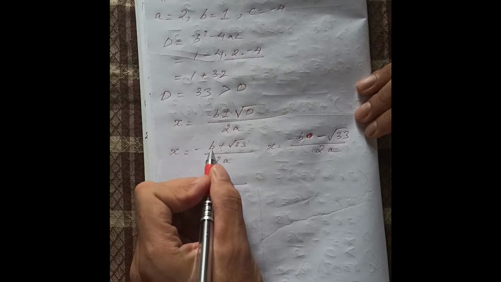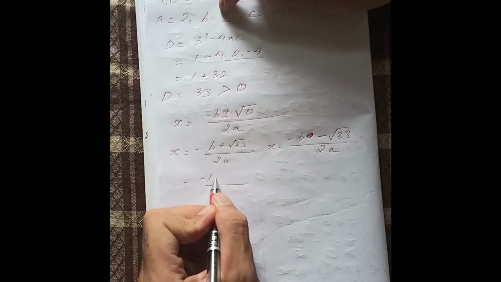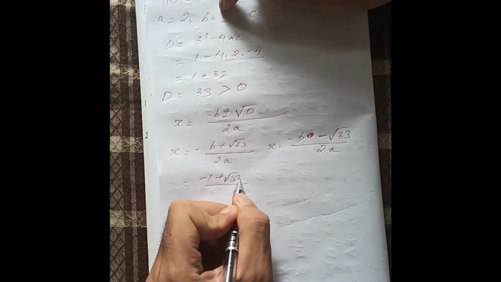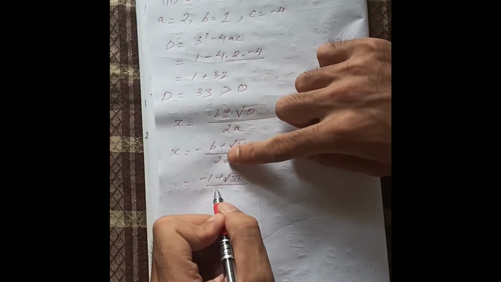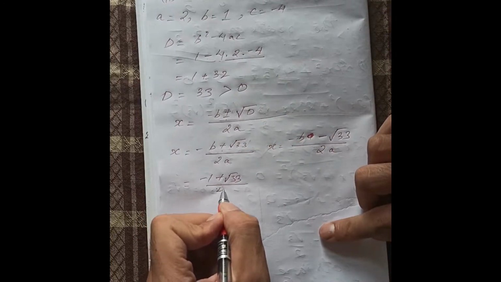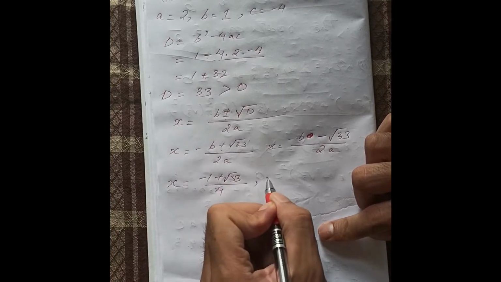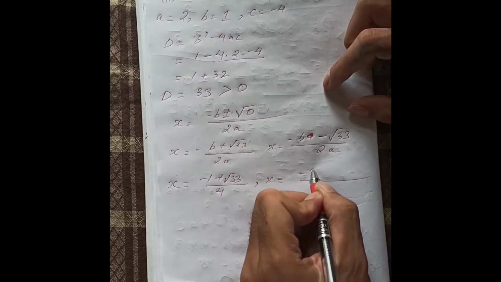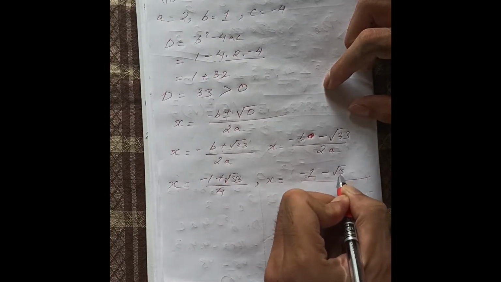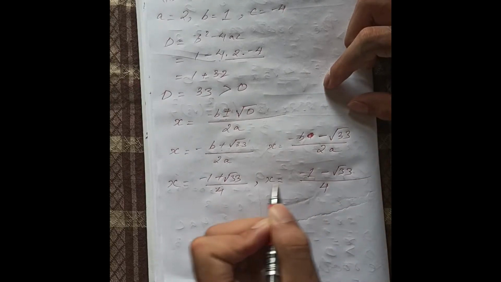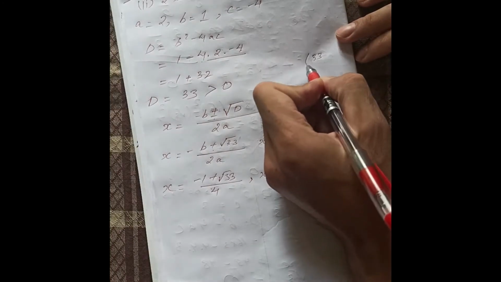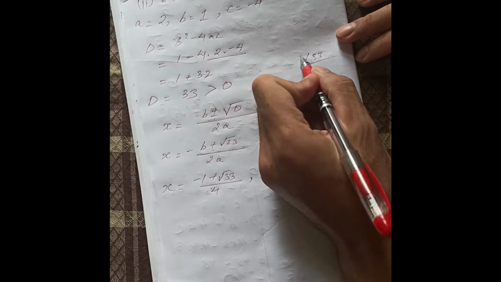Minus b is minus 1, so minus 1 plus square root of 33 by 2 into a. a is 2, so 2 into 2 will be 4. The other root is minus 1 minus root 33 by 4. So these are the roots. 33 is 11 into 3.